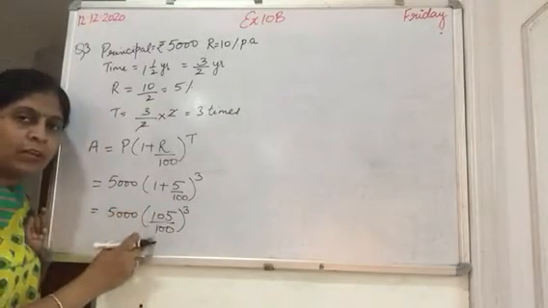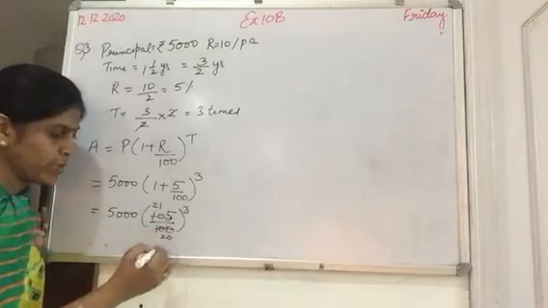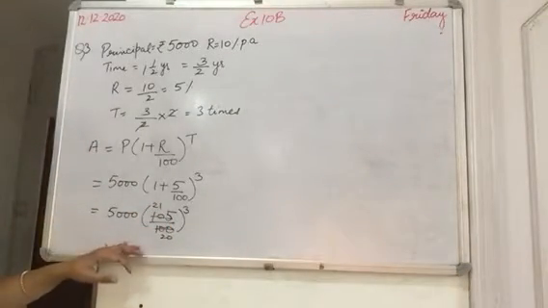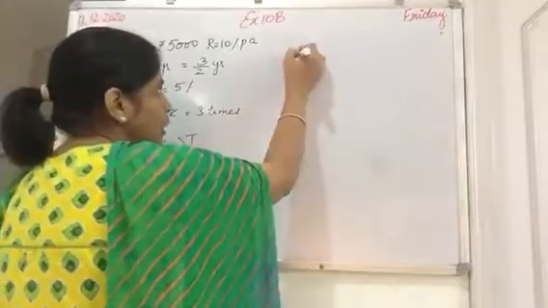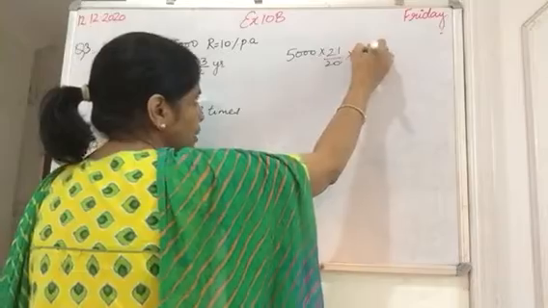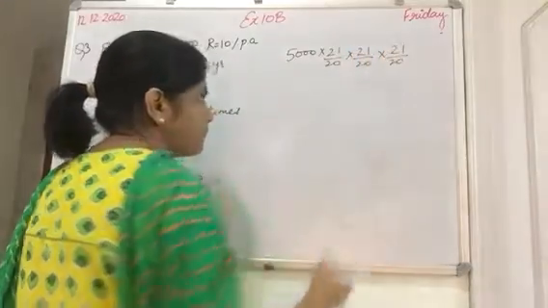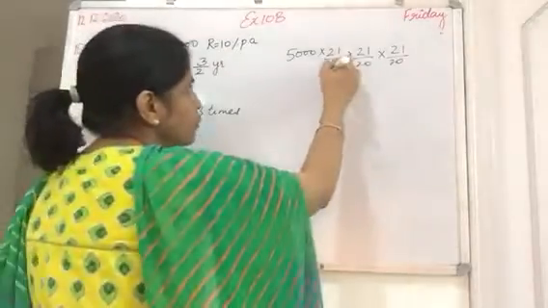Students, I suggest it is better to cut here only, 21 and 20. So let's write this as 5,000 into 21 by 20 into 21 by 20 into 21 by 20. Yes, cut the zeros.